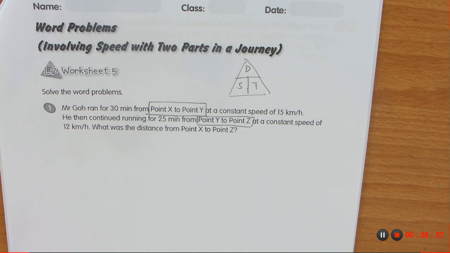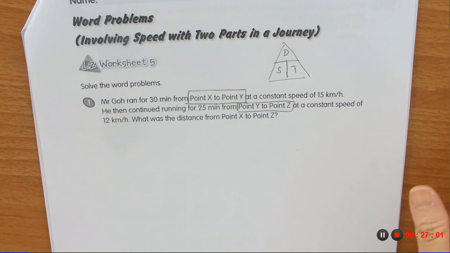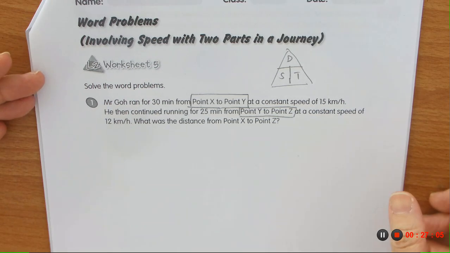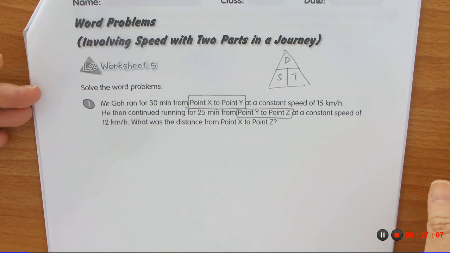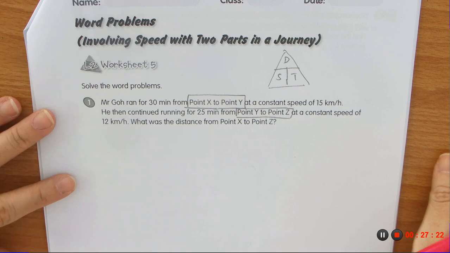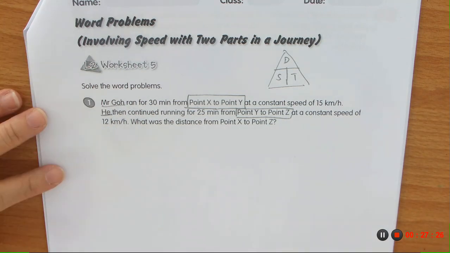Now, again, I'll say, to solve these so-called chunkier word problems, the first and foremost need is to persevere and be patient. If you can be patient, you go through it step by step, it's not that difficult. Okay? So, I am Mr. Go. You realize that Mr. Go is the only person here, so he's not very important.